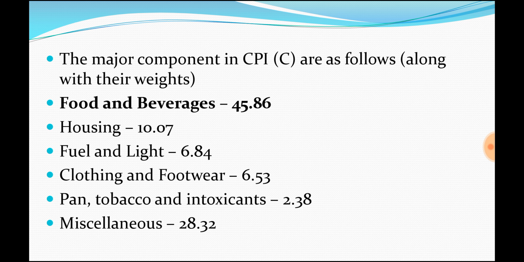Then housing, fuel, clothing, pan, tobacco and intoxicants, and finally other items. This is how the different items are clubbed. So the maximum weightage is given to foods and beverages in the consumer price index. Please remember these points. If you are asked a question to differentiate between the wholesale price index and the consumer price index, you could write answers along these lines.